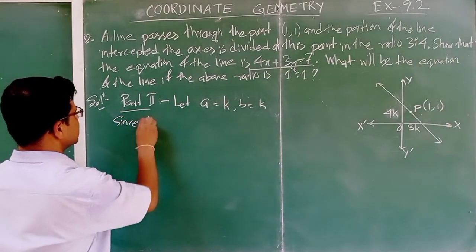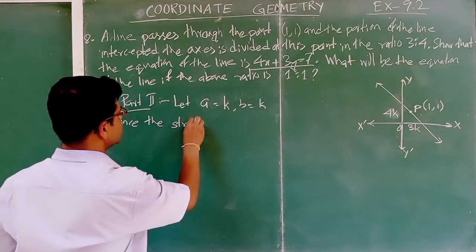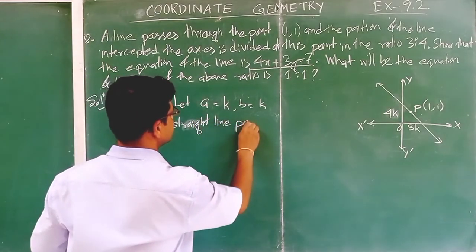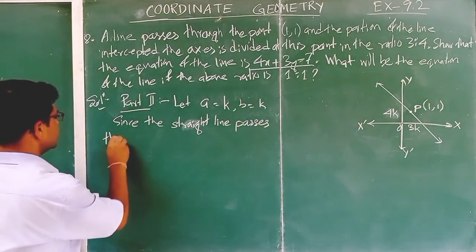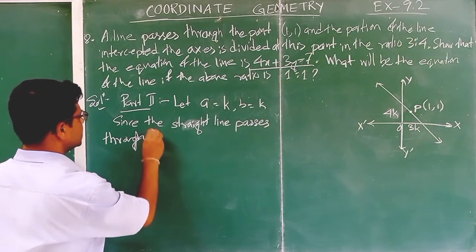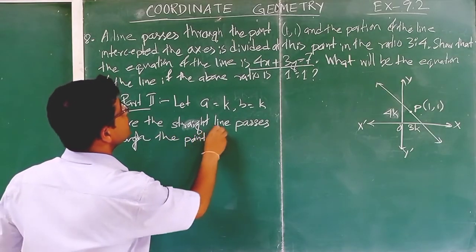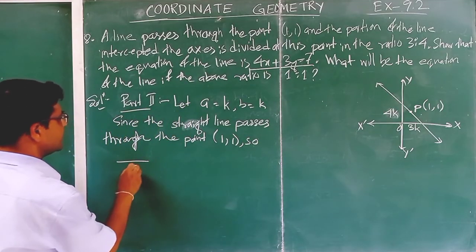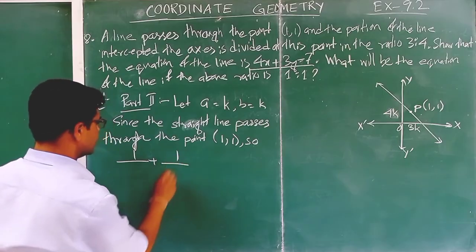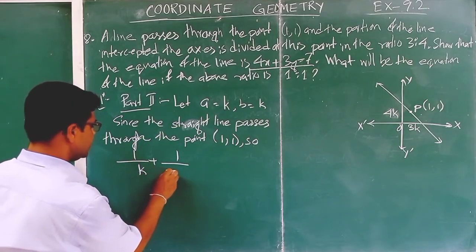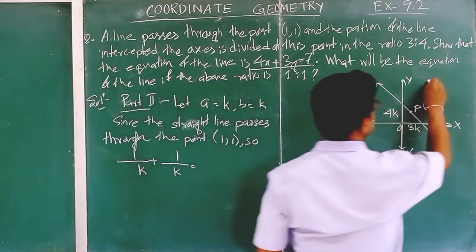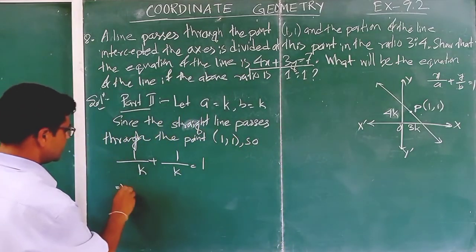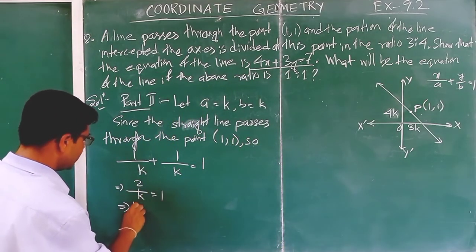Since the straight line passes through the point (1, 1), we substitute x = 1, y = 1, a = k, b = k in x/a + y/b = 1. So this is 2/k = 1. Cross multiply, k = 2.